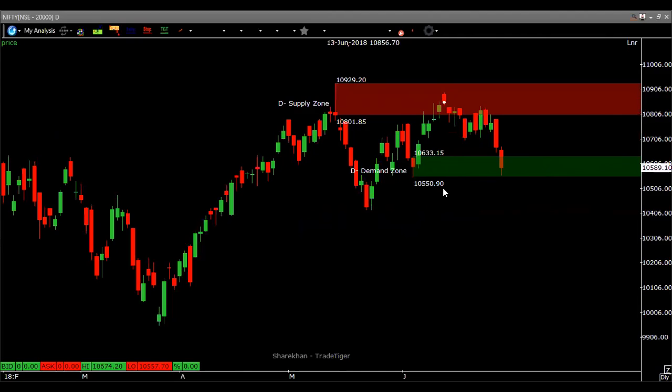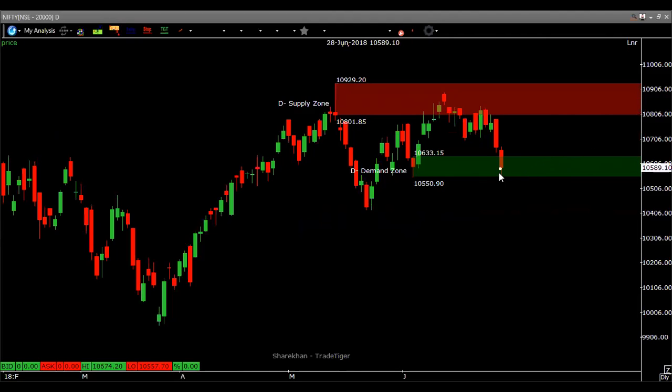However, you need to keep your stop loss for all your long positions at 10,550. This 10,550 was not breached today. It came very close to that, but we didn't breach it. The low is 10,557. So we have not breached this demand area.